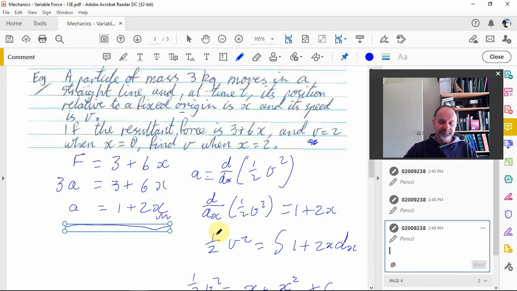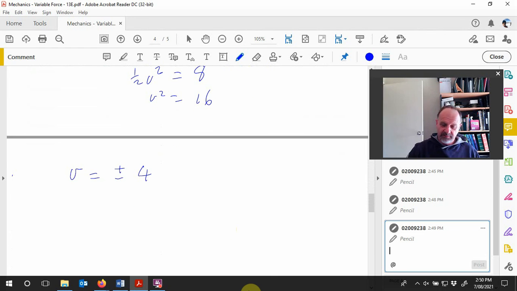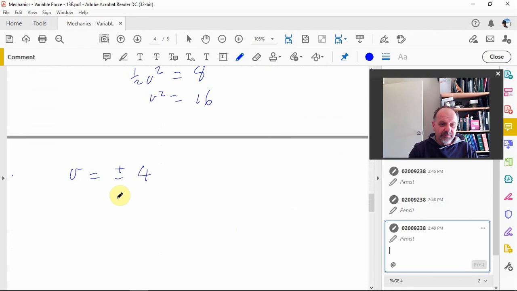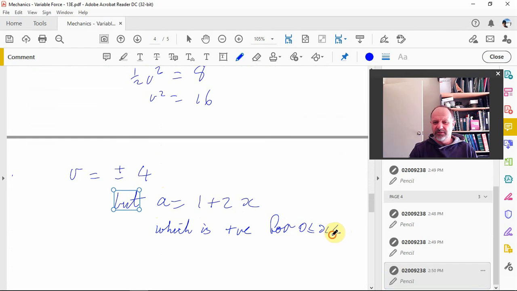So acceleration equals 1 plus 2x, which is positive for 0 less than or equal to x less than or equal to 2. If that's positive, what does that mean?